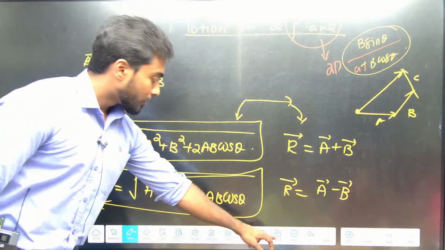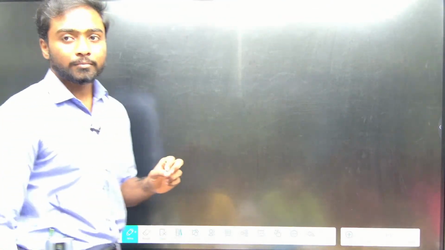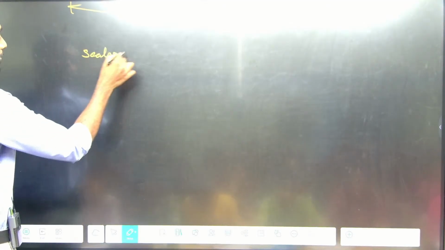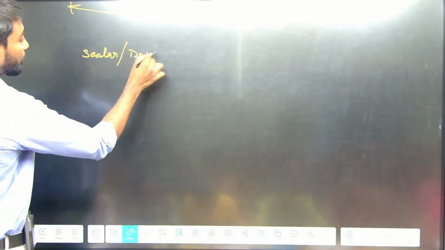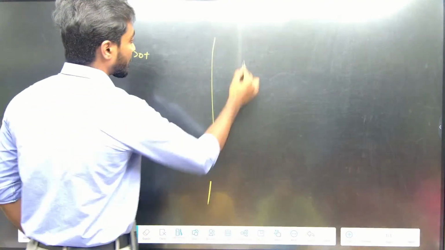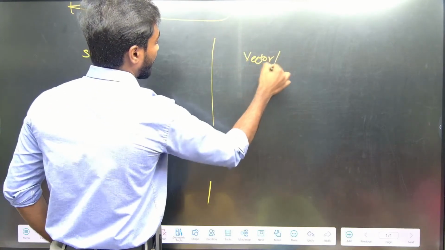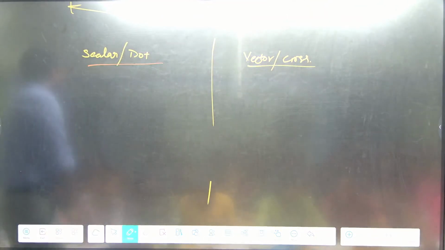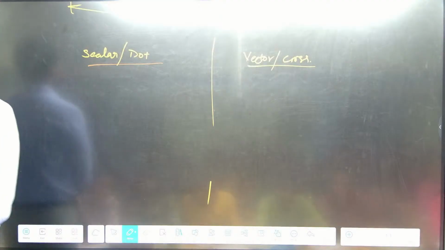And now the thing is the scalar and the vector. We can multiply scalars and we can multiply vectors. Those two are called dot product and cross product. Scalar product or dot product, vector product or cross product.